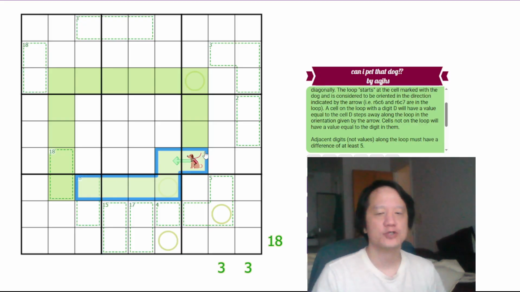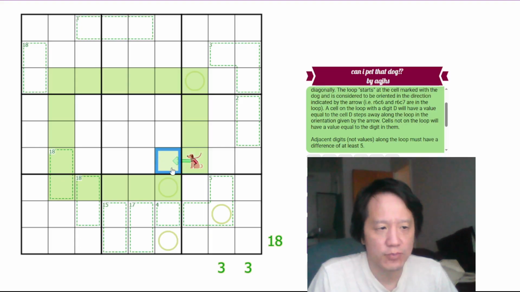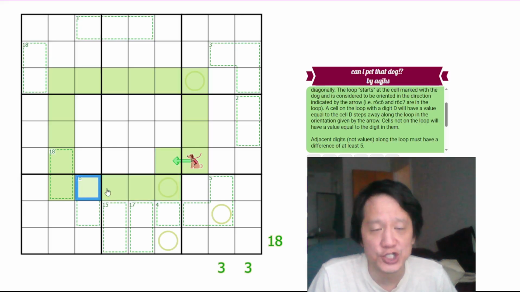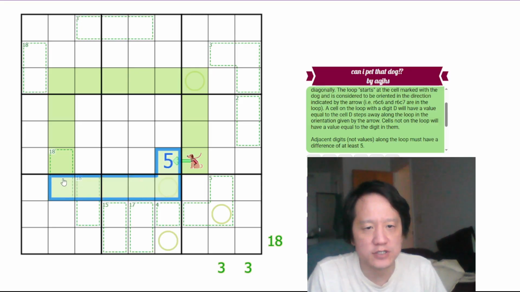So if this were, say, 5, and this was the actual loop, then you'd have 1, 2, 3, 4, 5 steps away.